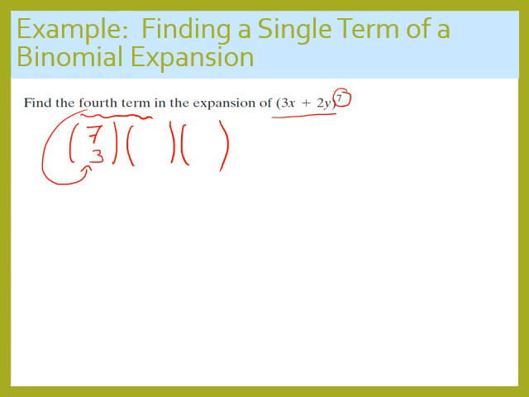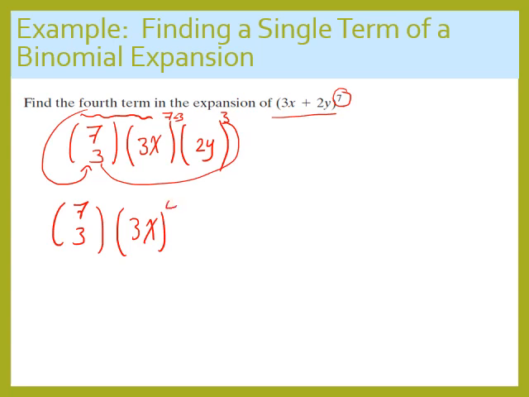Then the first term, which is 3x, and 7 minus 3 is equal to 4. So let's write it 7 minus 3. And then 2y to the power of the base, and the base is 3. So it can be written as 7 choose 3, 3x to the power of 4 multiplied by 2y to the power of 3.